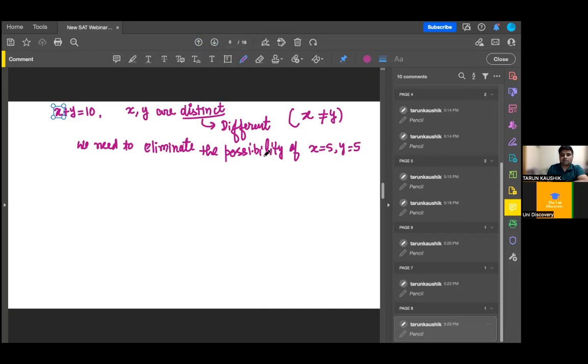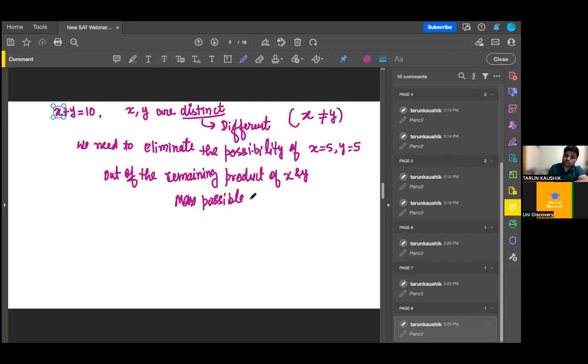Now, after eliminating this possibility, out of the remaining products of x and y, the maximum possible value is 24. So ideally, the correct answer is B, not A.